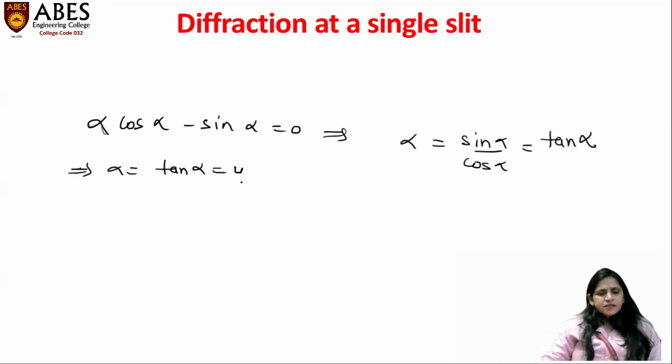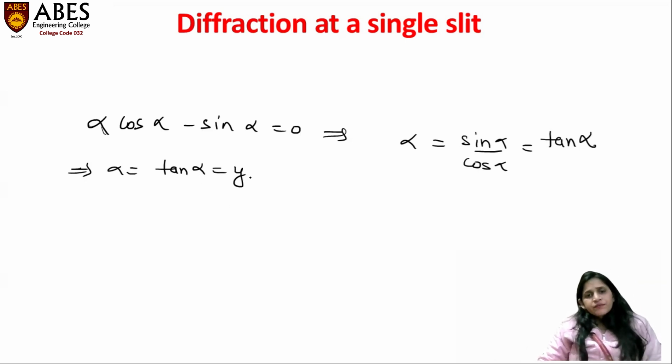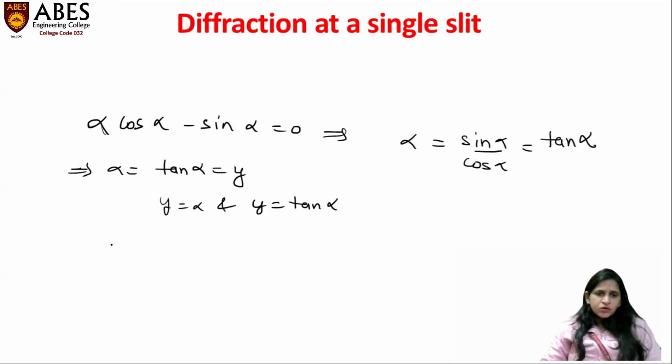Let us consider that equal to y. Then y is equal to alpha and y is equal to tan alpha. Graphically, y equals alpha is a straight line, and we can also draw the graph of tan alpha. Wherever the intersection points are, we can find the value of alpha.